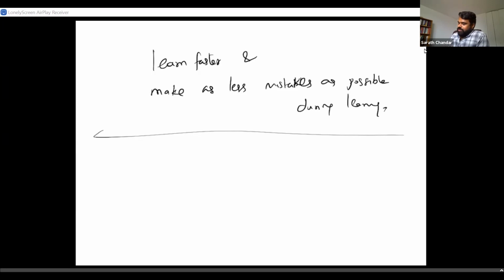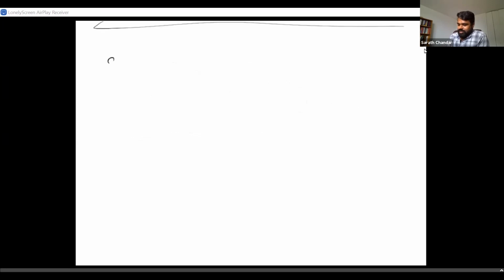Okay, now let's move to the next learning paradigm, which is the idea of active learning. Active learning focuses on situations where getting labels is costly.